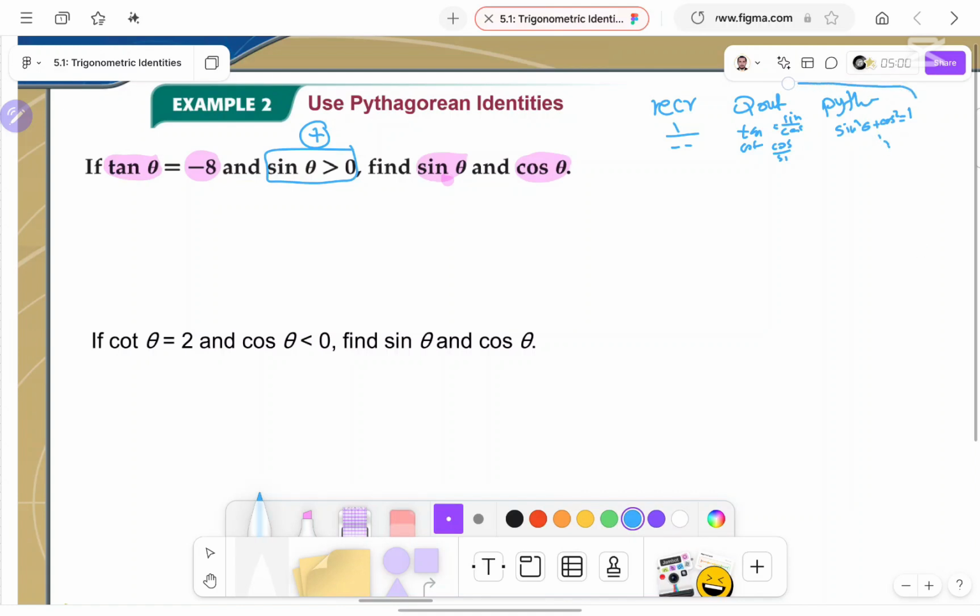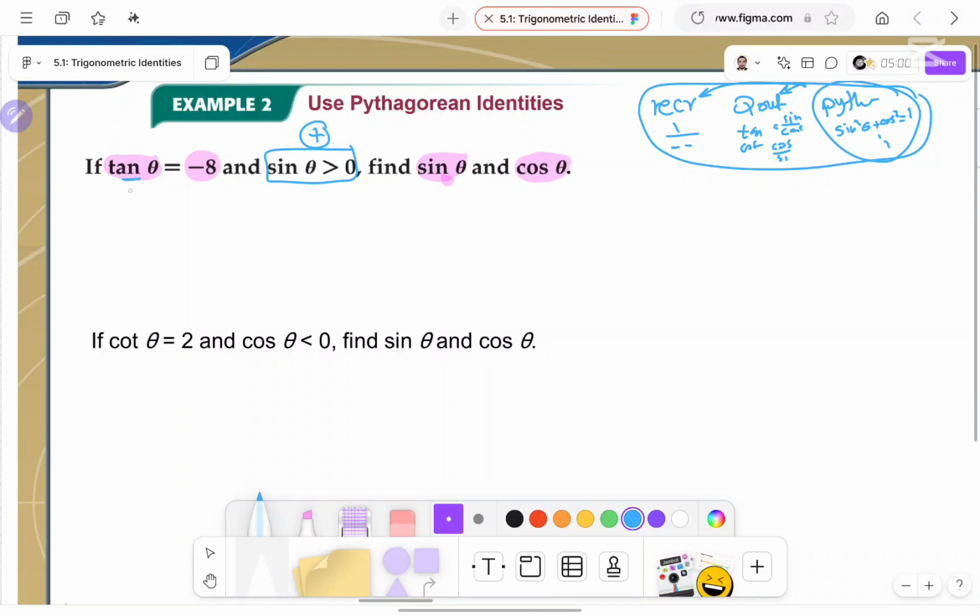So we need to use all of these formulas to find sine. Let me just give you a hint: always try to start with the Pythagorean identity. After that you can use the quotient or the reciprocal. So let's start with the Pythagorean identity first.